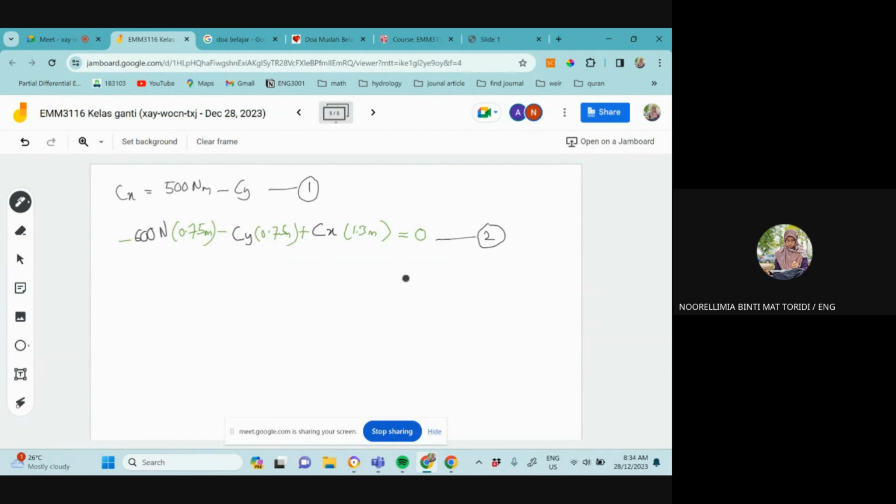So Cx ni, this one you replace into this one. Okay, then you can find out what is the value of Cx, what is the value of Cy. Okay, cuba kira dulu, then baru kita move to the next step. Boleh ke? Boleh Doktor? Boleh.